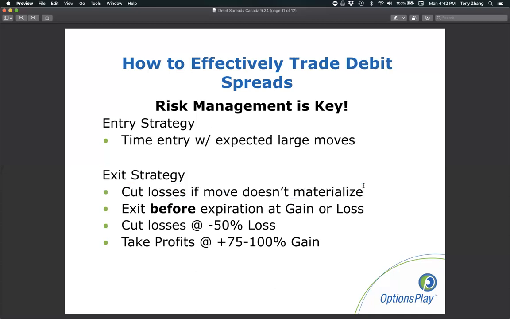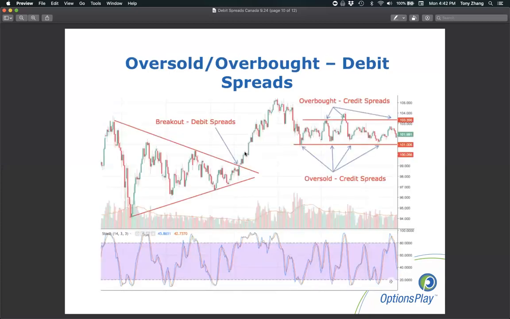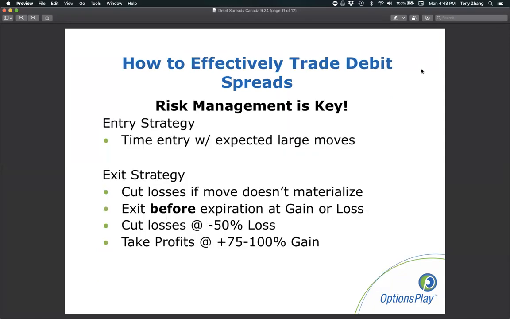So if, let's say on this particular trade before, I'm expecting a breakout, but that breakout never really materializes and the stock just keeps trading sideways, no matter how much money I've made or lost on that trade, it's time to get out because my expected move did not happen. So number one, if the expected move that you're expecting does not materialize, make sure that you simply get out of the trade.